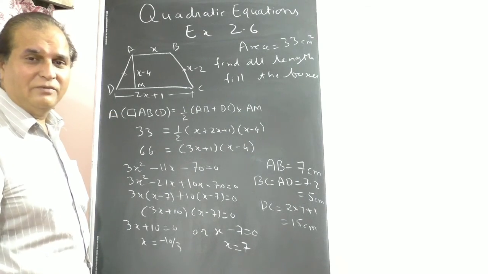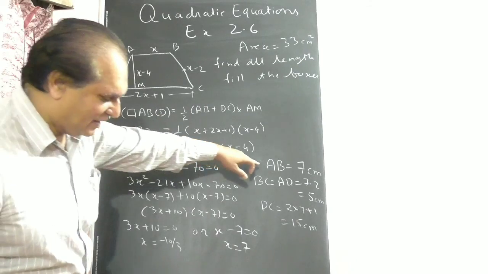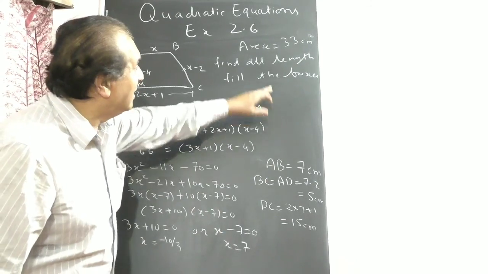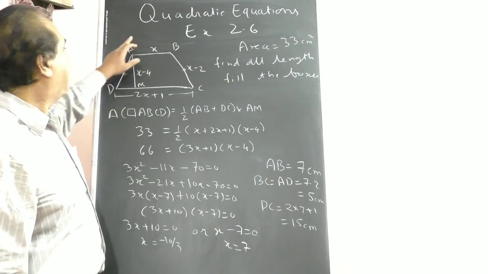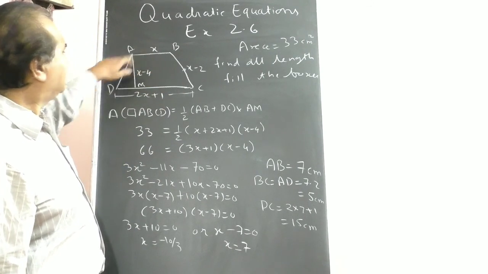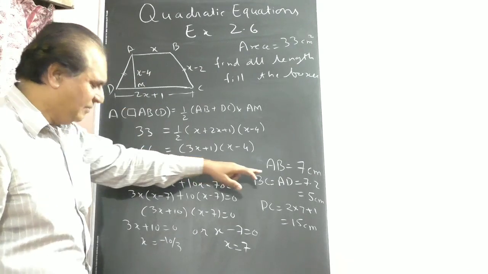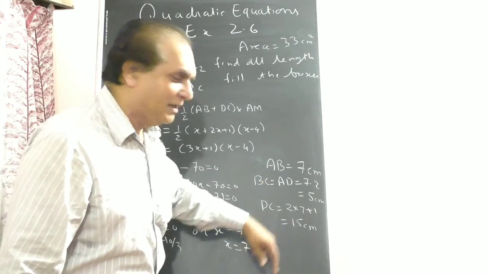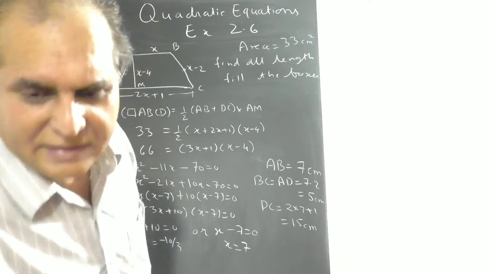Now we have to fill up the values. AB is x, 7. AB equal to 7 centimeter. BC equal to AD, isosceles trapezium. x minus 2, that is 7 minus 2, 5 centimeter.